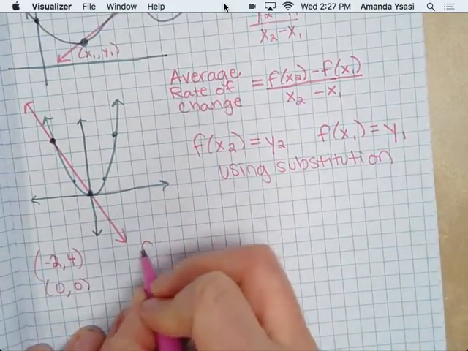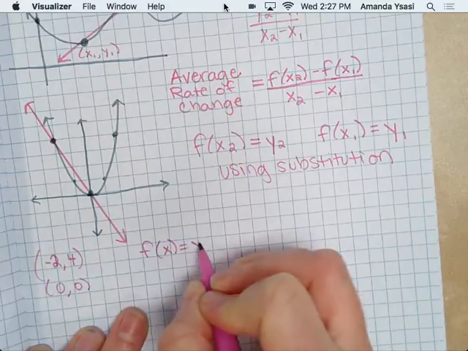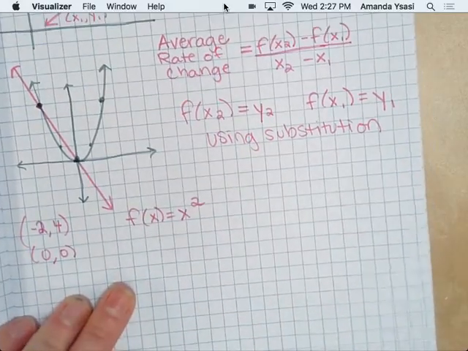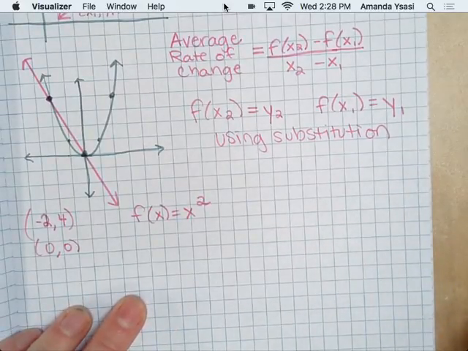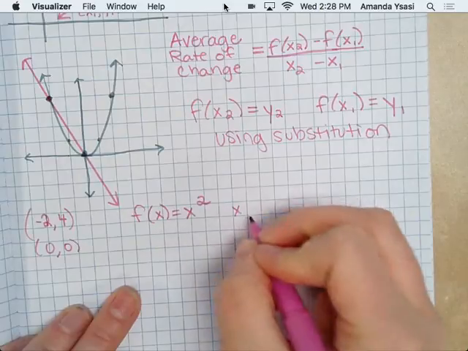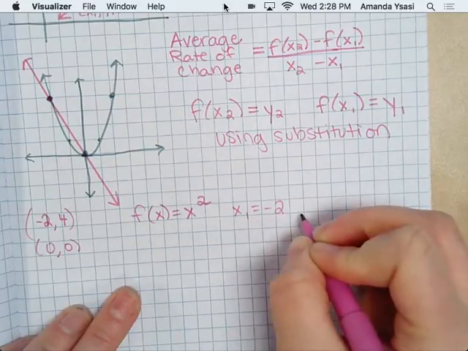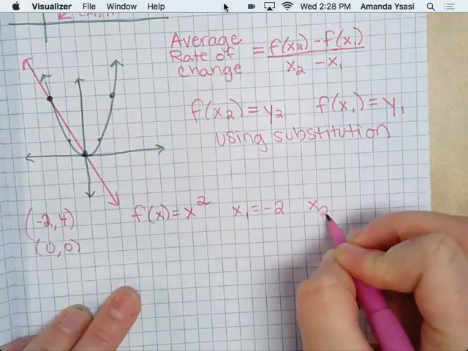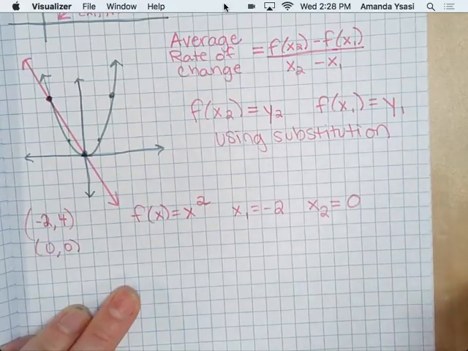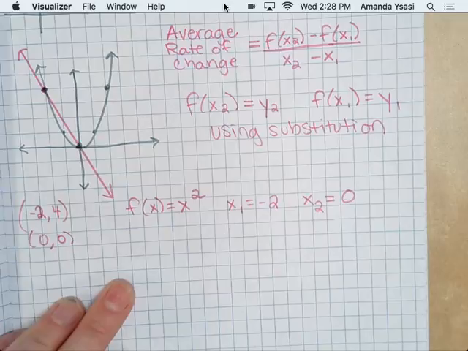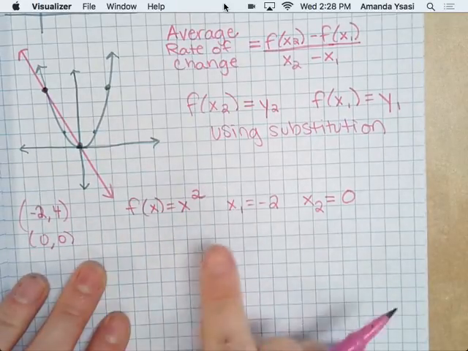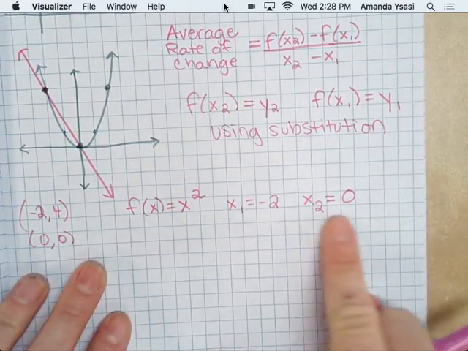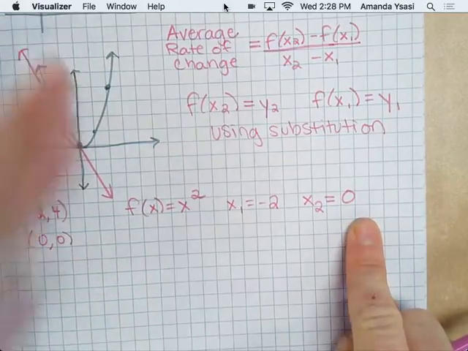We know this function that we're dealing with is the quadratic parent function, y equals x squared. And so we're saying that x1 is negative 2 and x2 is 0. So we already know what they are, but you will be given a problem that's similar to this. It's going to list things out. You're not going to be given the graph for it.